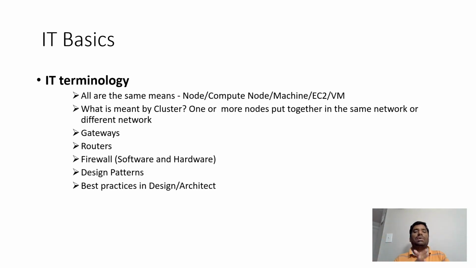And also firewalls can be of two types. One is a hardware level firewall, one is a software level firewall. Software level firewalls will be good at some point within B2B applications. If it is an external facing application, definitely they cannot use software only. They have to enhance the software along with hardware firewalls.